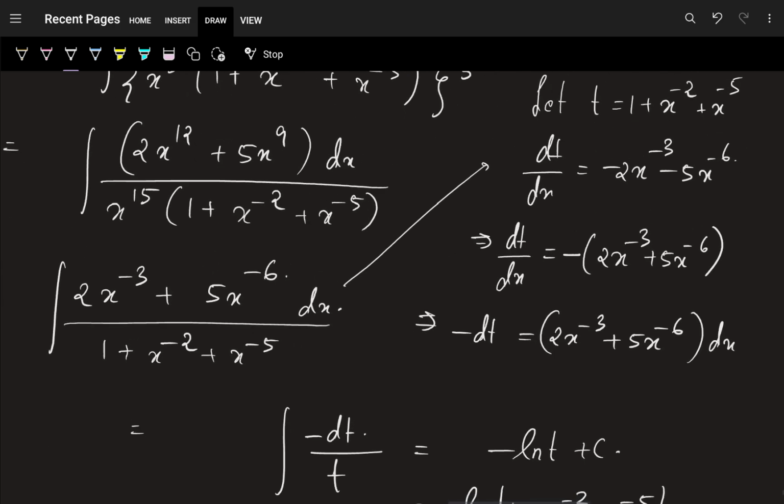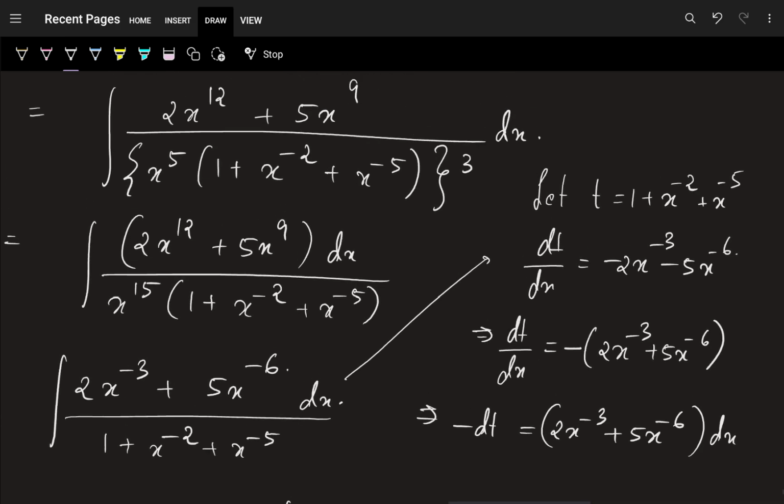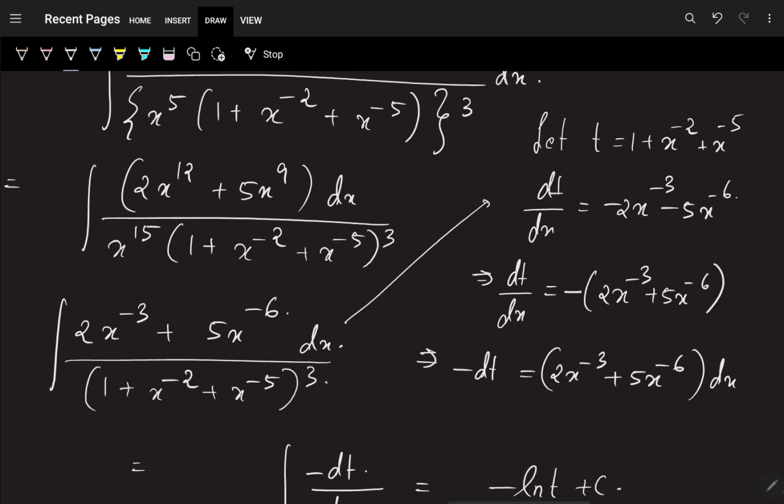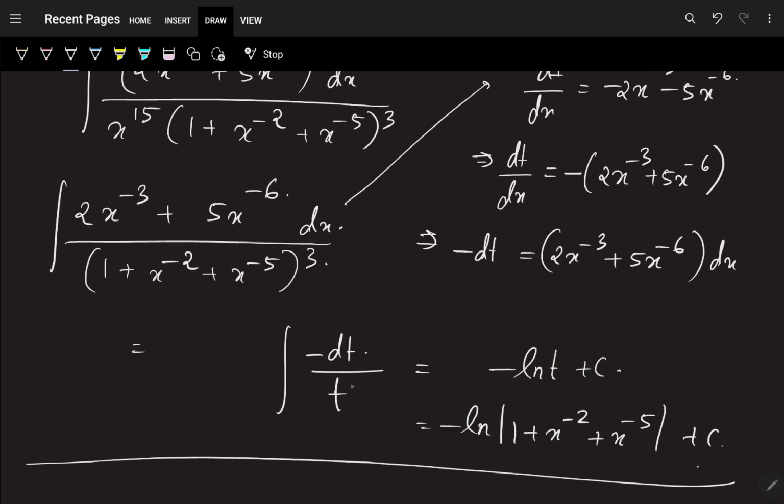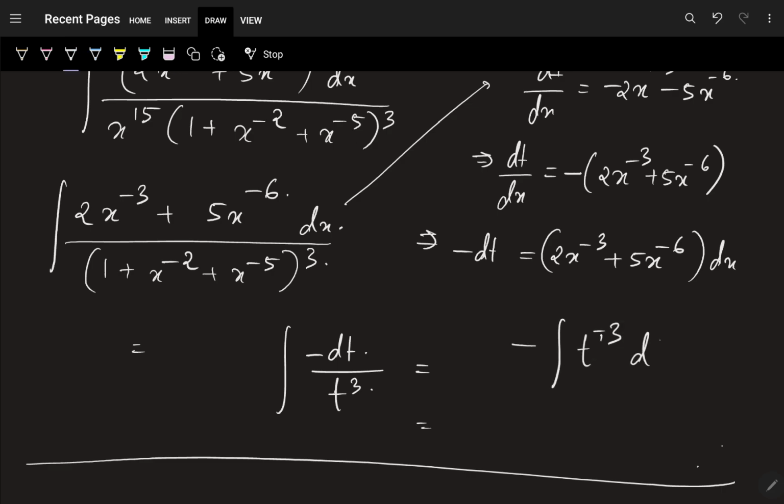Sorry, we have a slight mistake over here because this is power 3, right? So this is going to be minus dt by t to the power 3, so minus t to the power minus 3 dt.